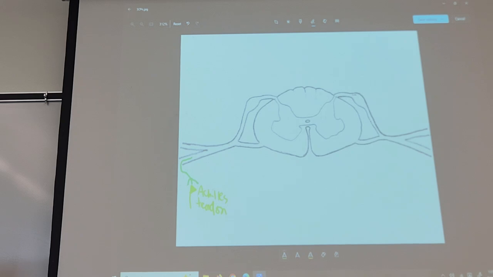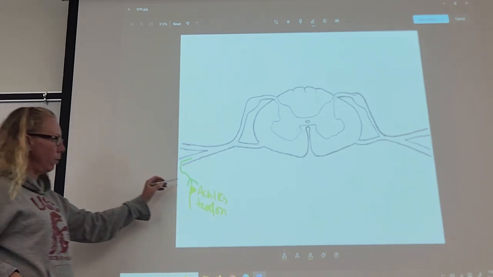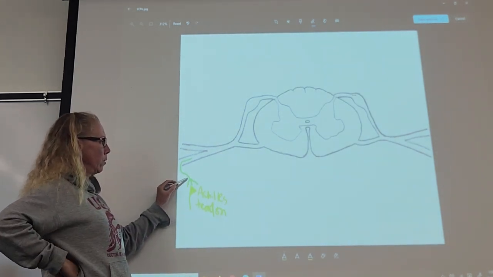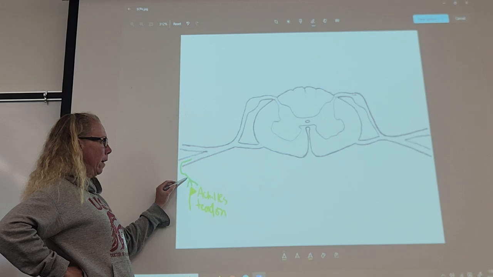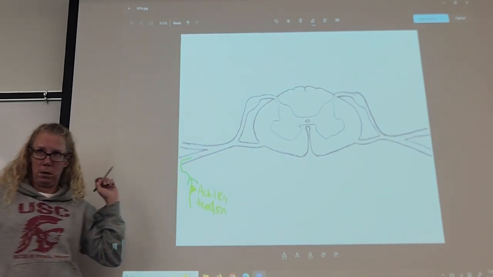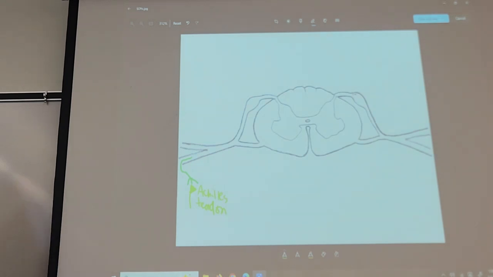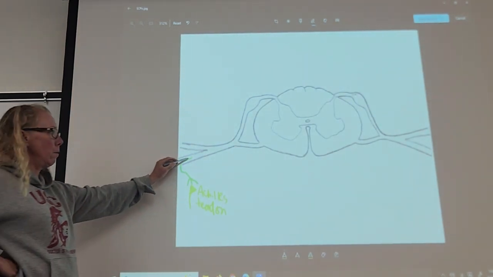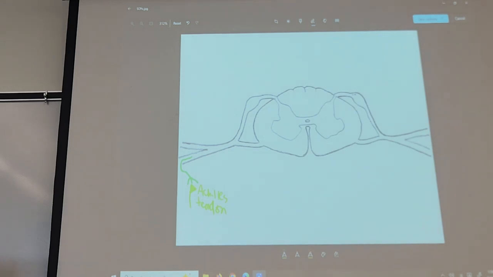Sensory or motor? Sensory, okay? So, what I'm drawing then is I'm starting the peripheral process of my sensory neuron, okay? And that's gonna go through the ventral ramus, okay? Not the dorsal ramus, we're not talking about erector spinae, okay? It's going through the ventral ramus, okay?